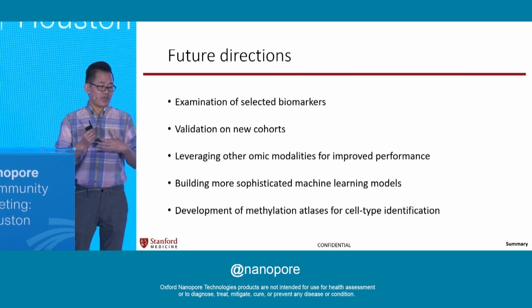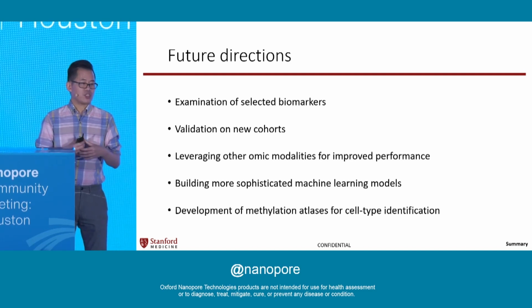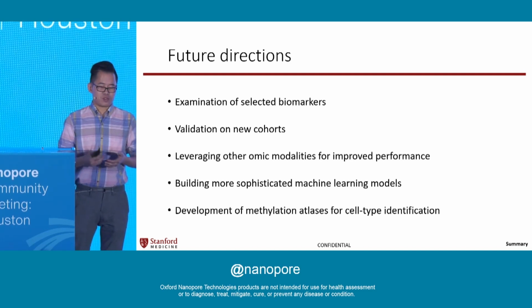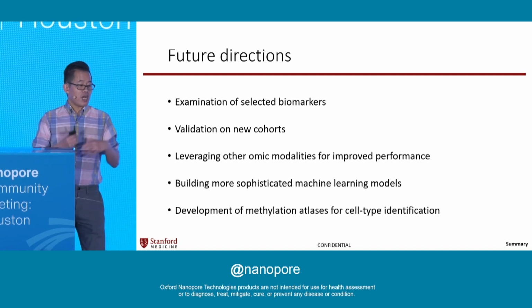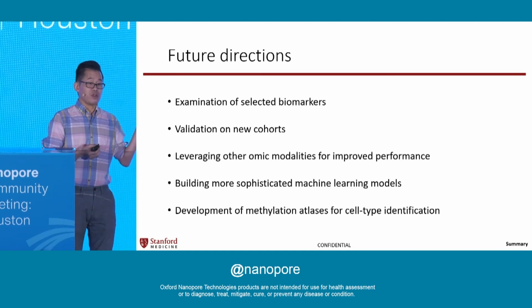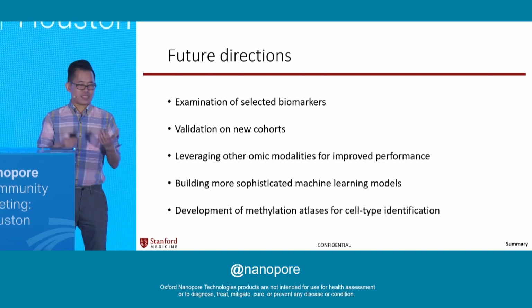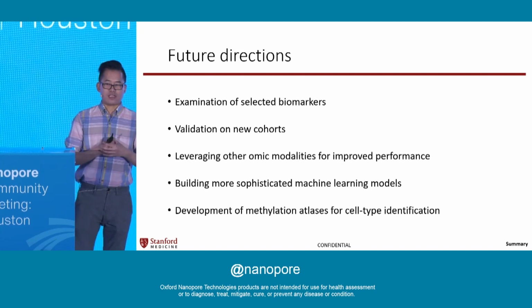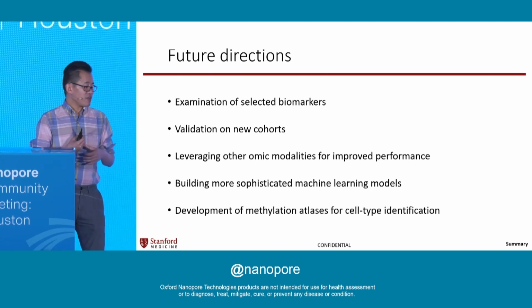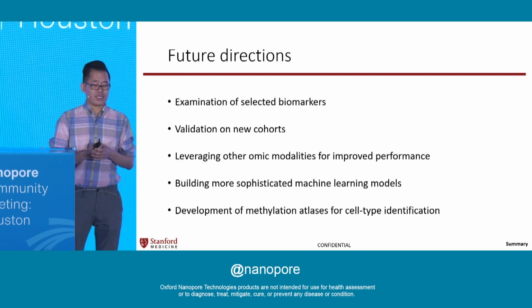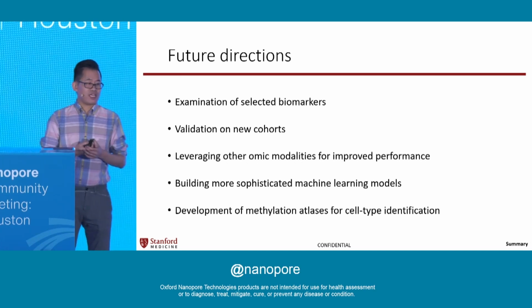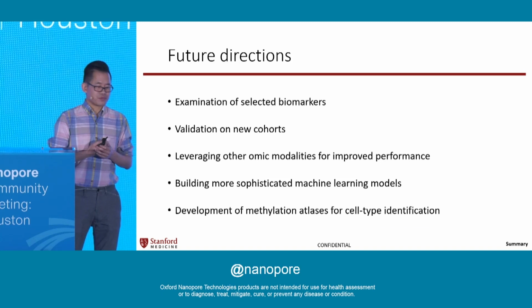We would also like to leverage other omic modalities such as structural variants or SNPs to improve performance, and build more machine learning models. What I've shown you here is a random forest model. Obviously, a lot of people are asking, what about neural nets? This is something we're actively looking into. And also development of comprehensive methylation analysis for cell type identification to improve our model.